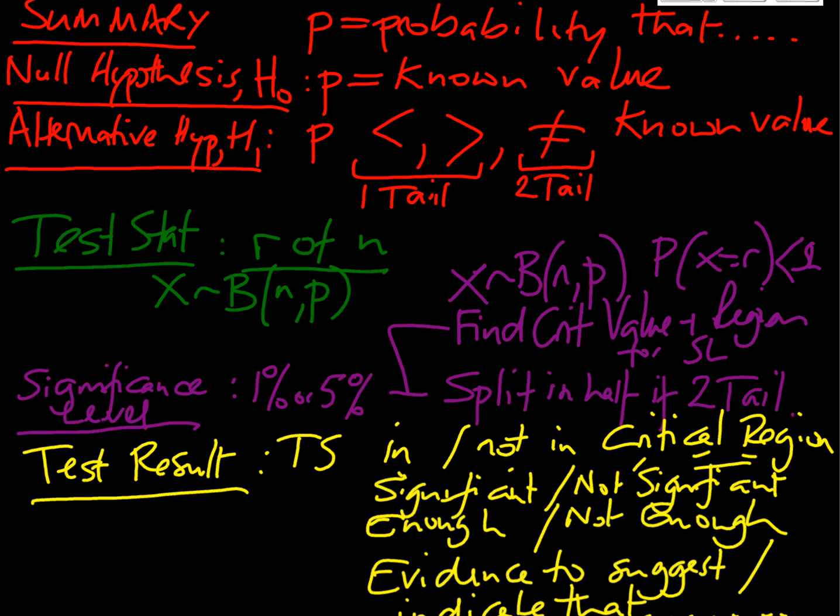And finally, we compare the test statistic, in this case 13 of 20, so it's our 13, and we identify whether it's in the critical region or not.